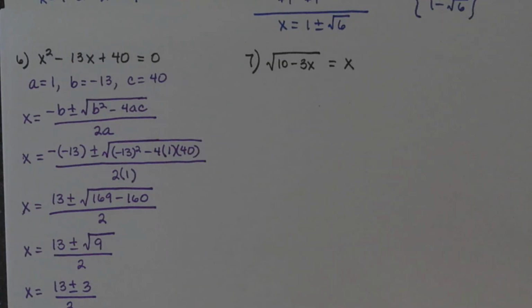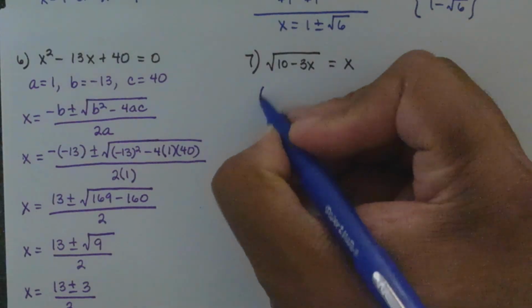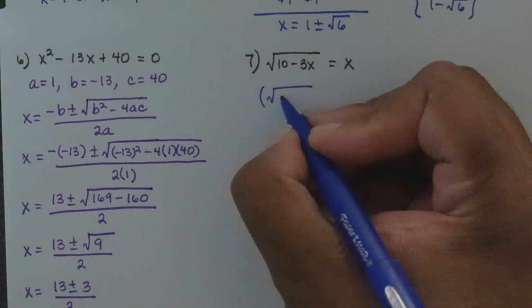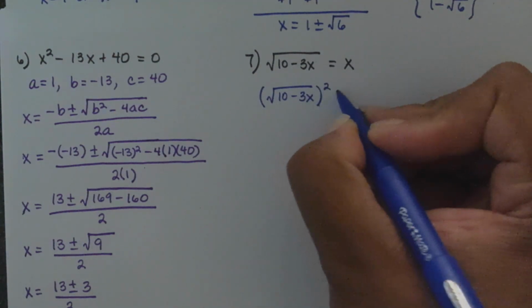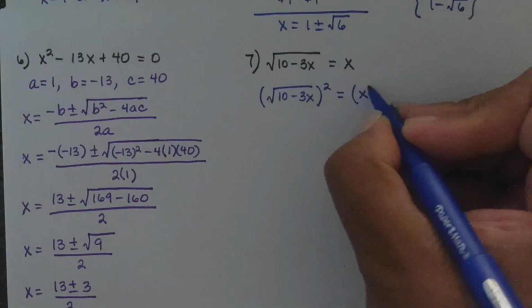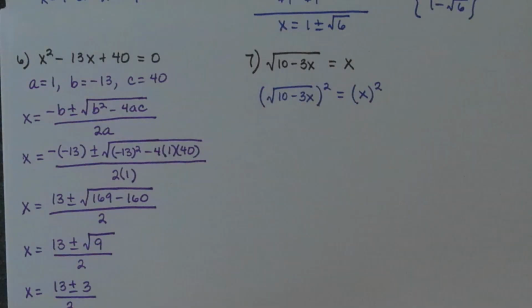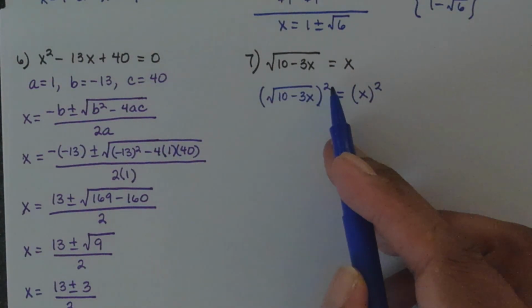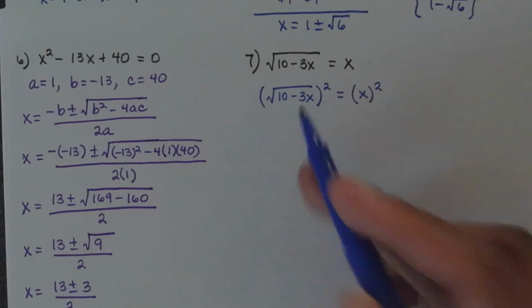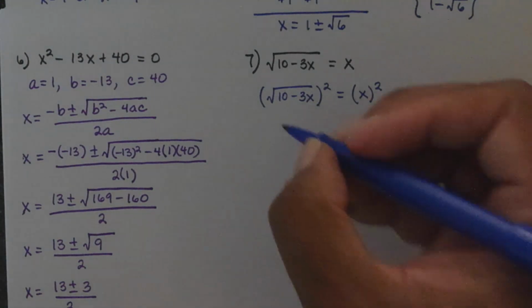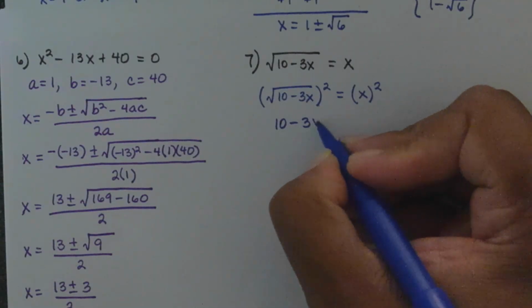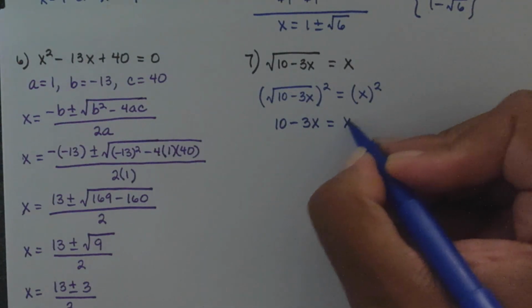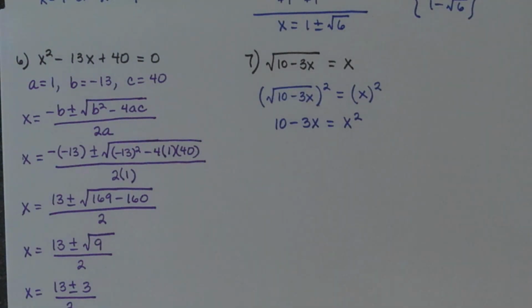I need to square both sides of this equation, because when you square both sides, you're going to eliminate that square root symbol, because square root and square are inverses. You'll be left with what's underneath that square root symbol, that's the 10 minus 3x, and that's equal to x squared.